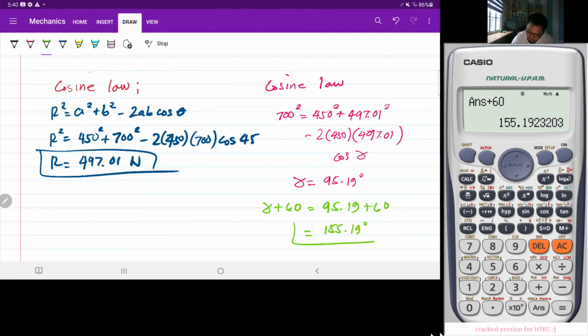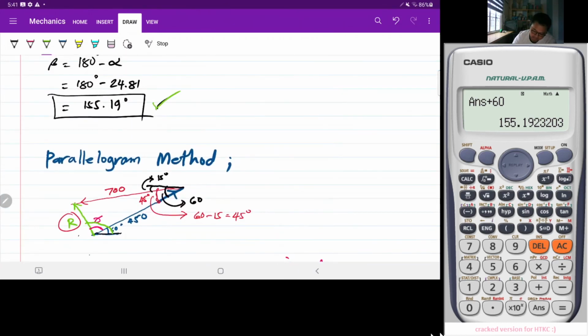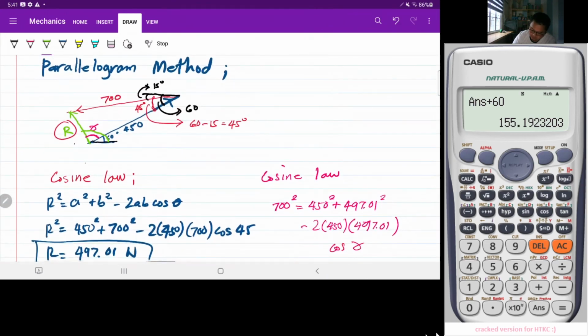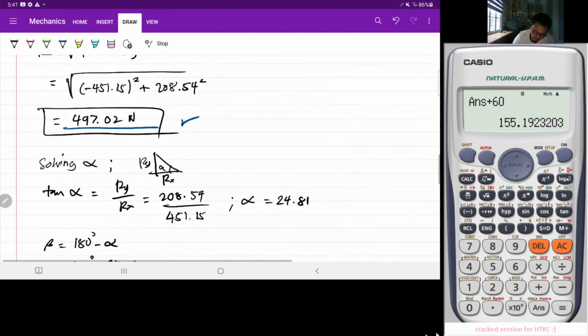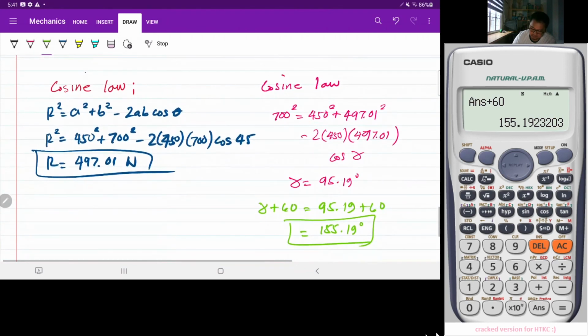So this is the same as what we have here, this one. So, okay. So I think this is a much shorter solution than the one we used to solve, the method of components. Okay, I hope you get this.